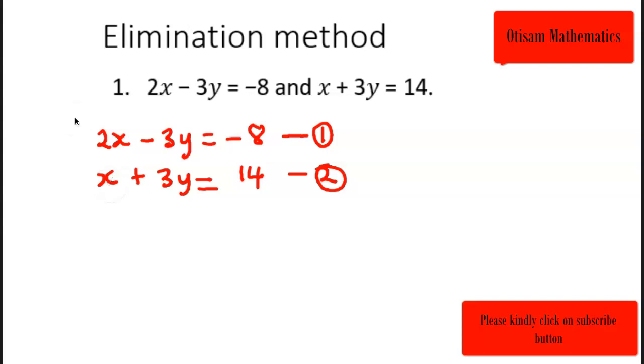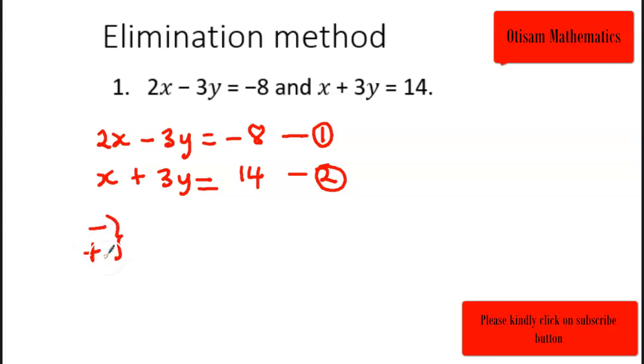Now, after you have established that the coefficient of the variable in the 2 equations are the same, you either add the 2 equations or you subtract. Now, when do we add? We add when the signs of the coefficients are different, for example, minus and then plus.